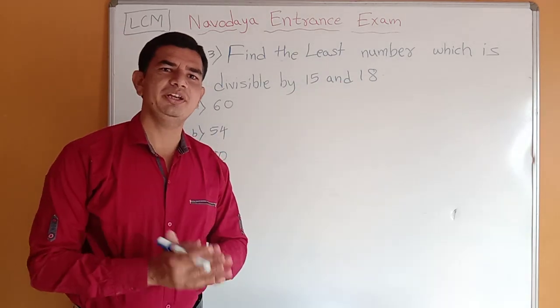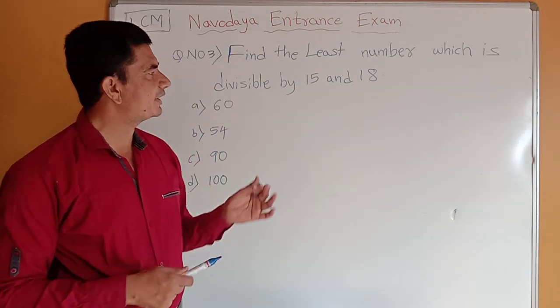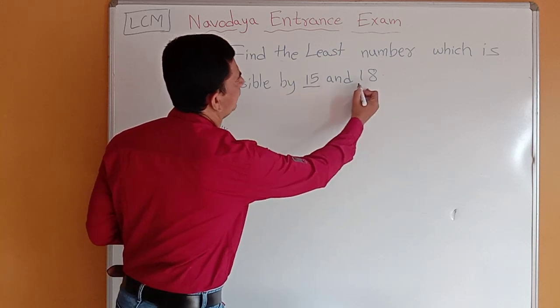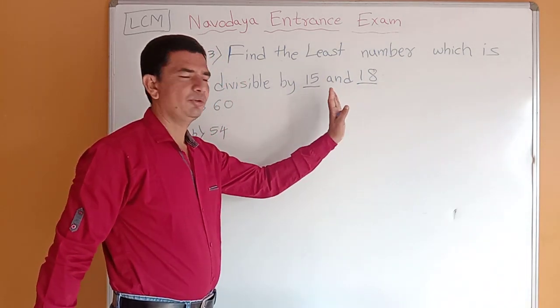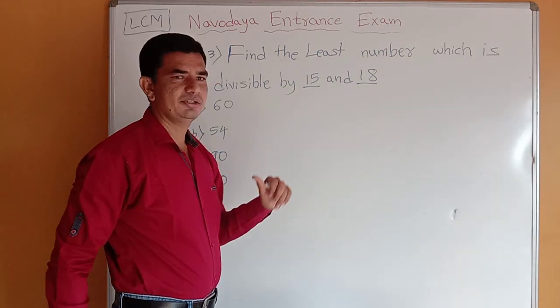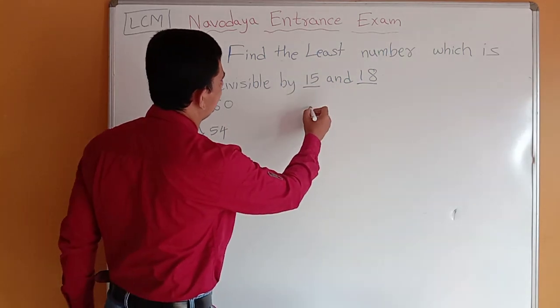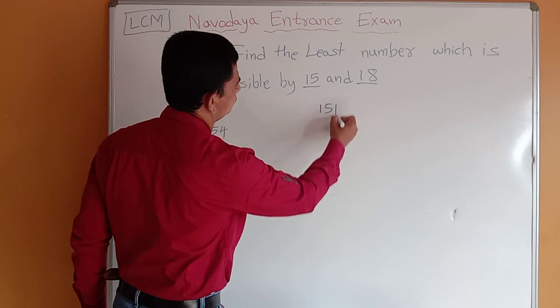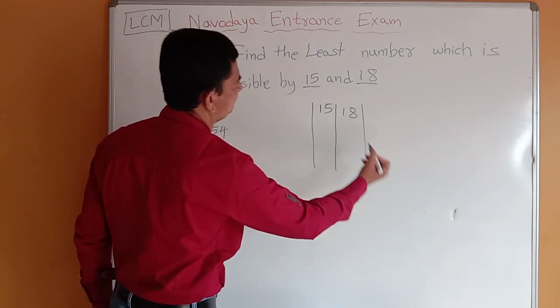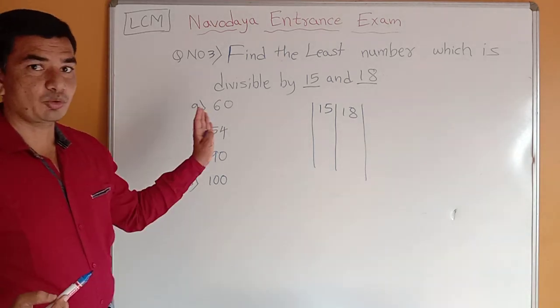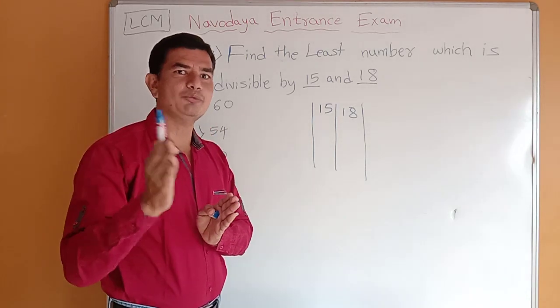So what can we do here? We have to find the LCM of these given numbers. Sometimes they may give 3 numbers, 4 numbers also. Here they have given 2 numbers. So we have to find the LCM of 15 and 18. Why do we have to find the LCM? Depending upon the question, we have to decide whether to do LCM or HCF.